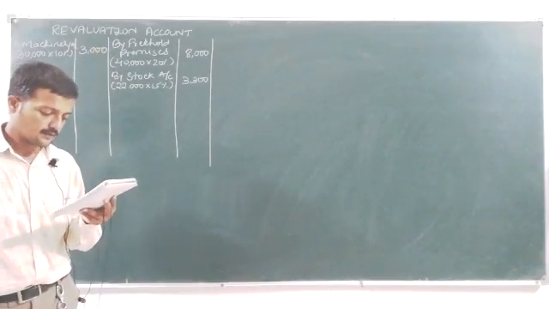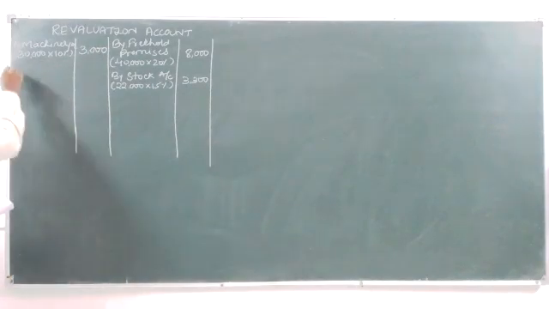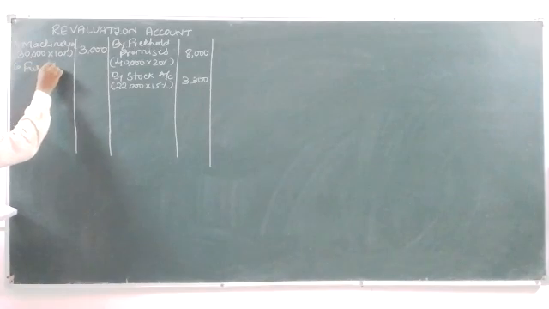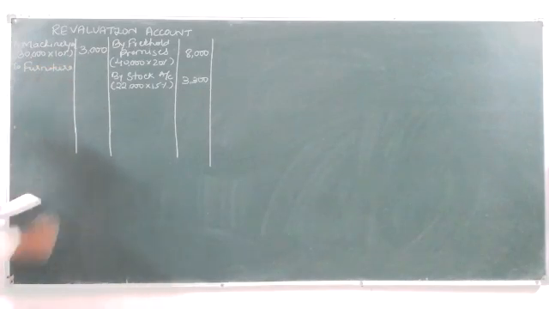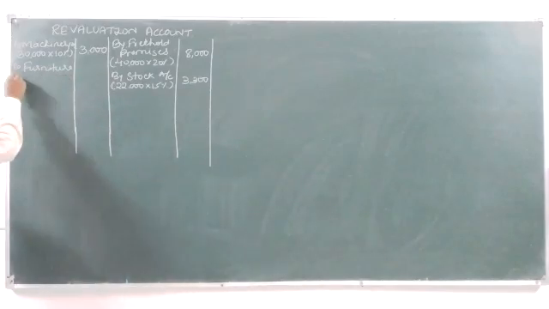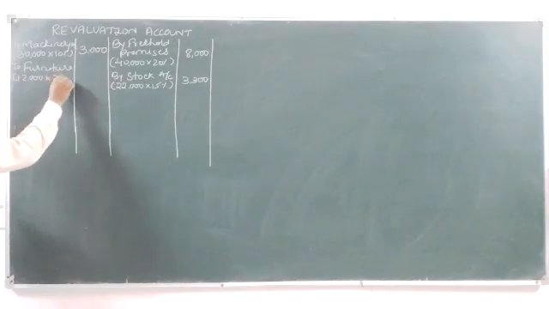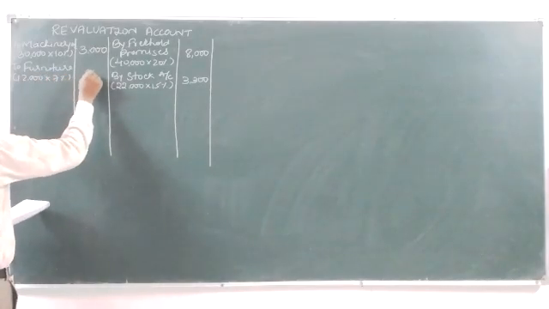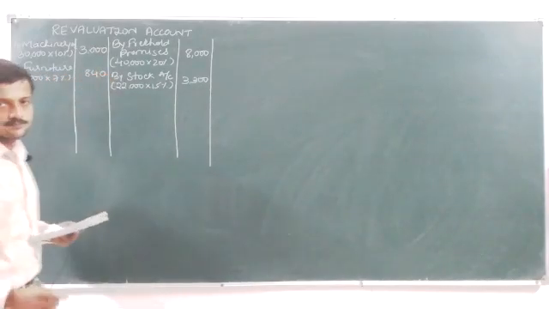Next, to furniture account 12,000 into 7%, 840. 840.